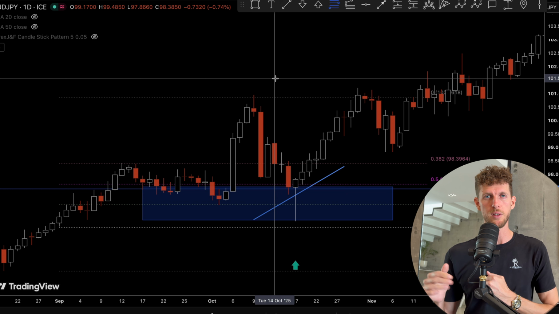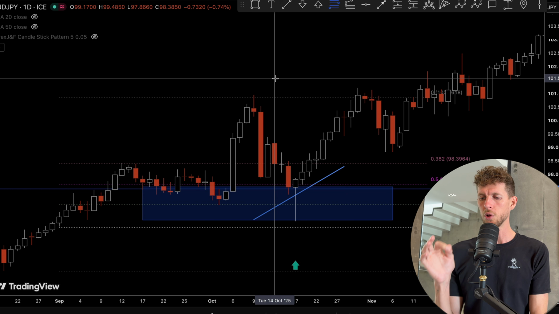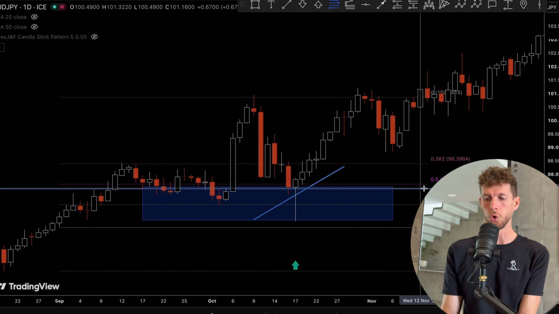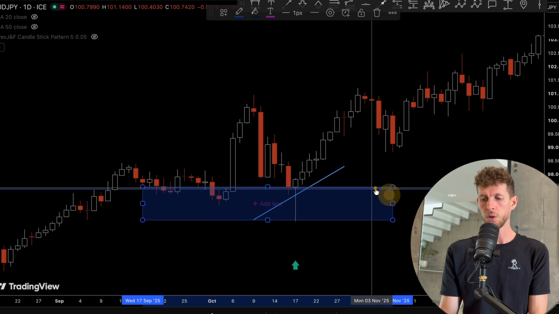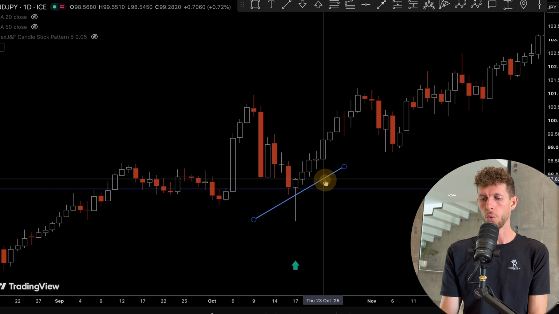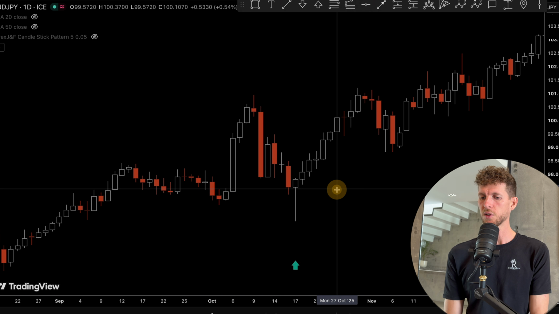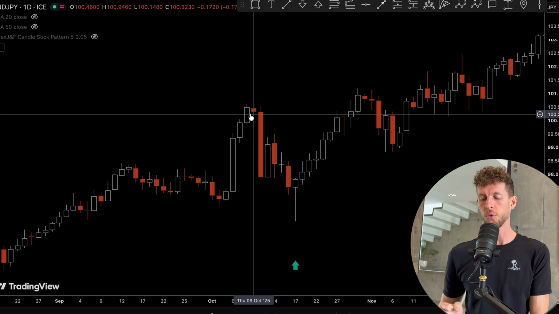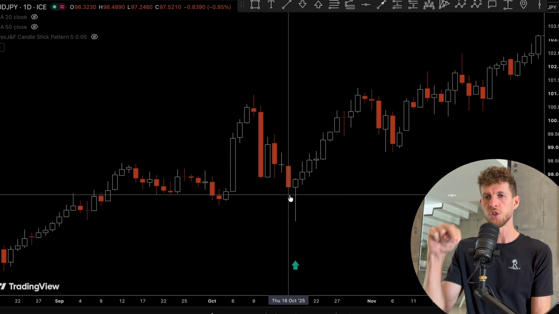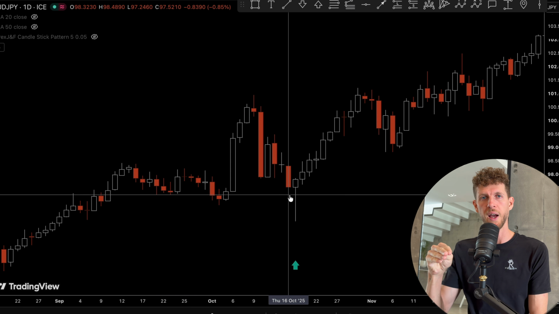You can have all these levels that it's rejecting, that it can build up and stack your confluence, like we'll learn in the lessons to come. Or if you just look at price action itself and you just look at the candlestick itself, you already have a sign here that something's about to happen. In this case, it was just the sign that the trend is continuing, so it's just the finishing off of the little pullback that it did.